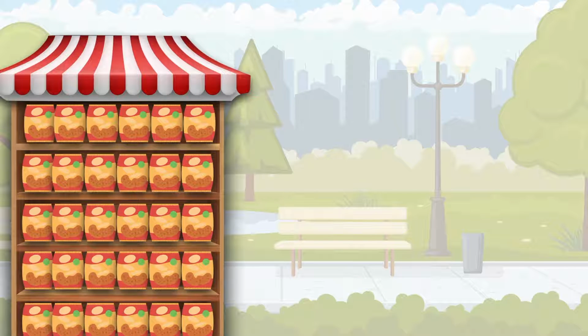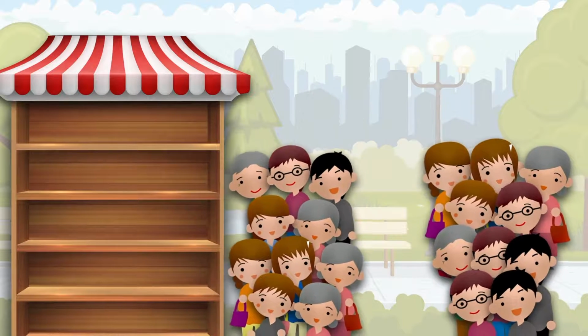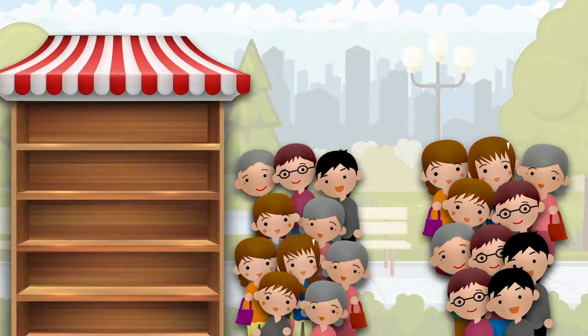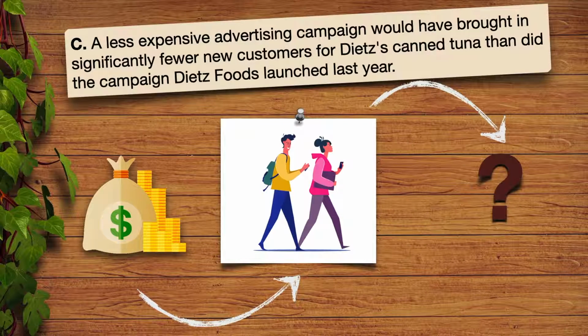A store with, say, 30 bags of chips on its shelves can just as easily be emptied out because of 30 customers as it can be because of 20 customers. So a lesser number of customers doesn't necessarily translate to a dip in sales. You can sell just as much as or even more than what you would have sold with your customer base intact.